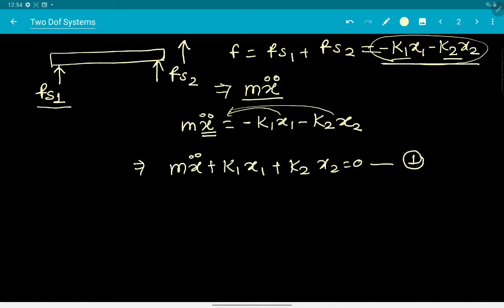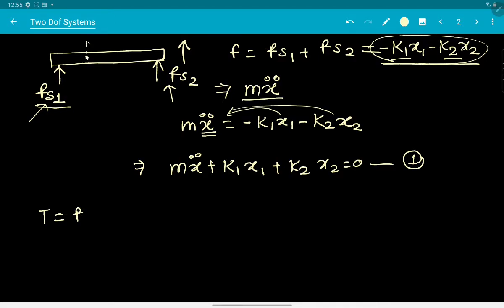So we have derived one equation based on force equilibrium in the translational direction at the cg. But this is not the only force acting on it. There will be torque also, because cg is somewhere over here, and the spring forces are not in line with it. So there will be a certain torque because of the force Fs1, and similarly Fs2. We'll see how much unbalanced torque there is.